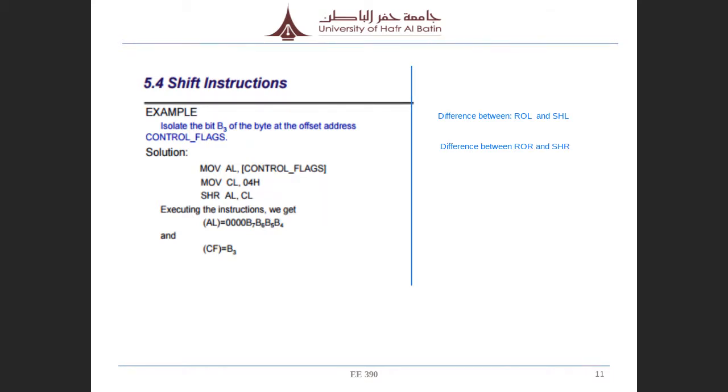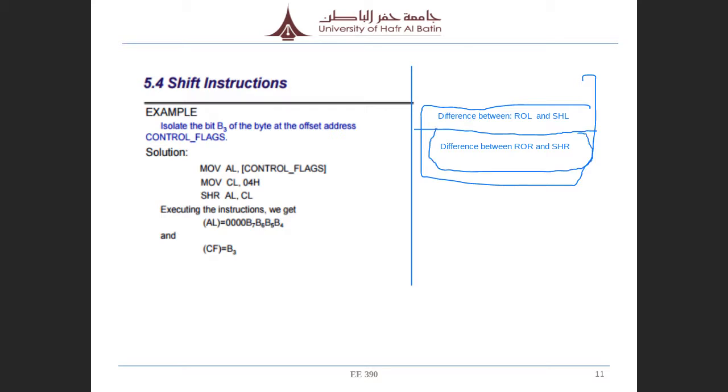Basically just these two things: the difference between rotate left and shift left, and the difference between rotate right and shift right. Just look at the example.